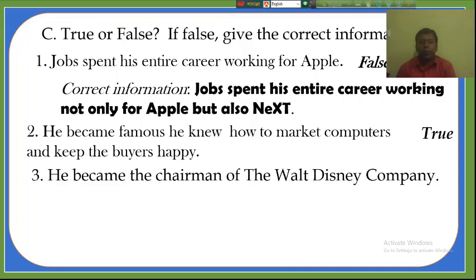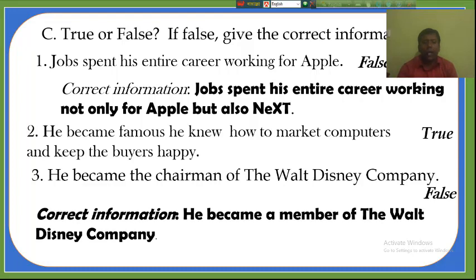Is it a true or false sentence? Yes, it is false. And the right answer, the correct information: He became a member of the Walt Disney Company.